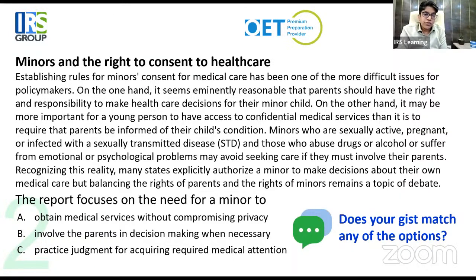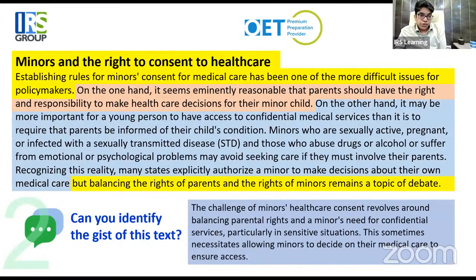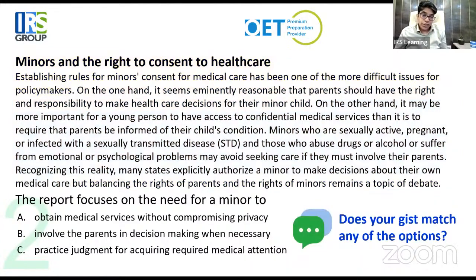Is it asking to involve the parents in decision making when necessary? If you look at previously and shown it, is that pink highlight which is telling that parents have a right. However, the majority of the text, the major chunk, is going into a young person's right, it says.